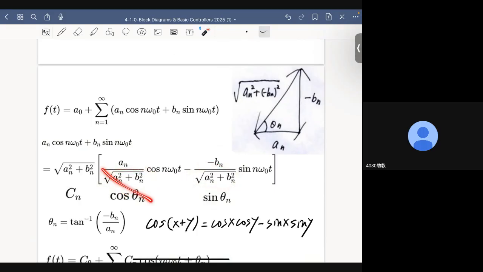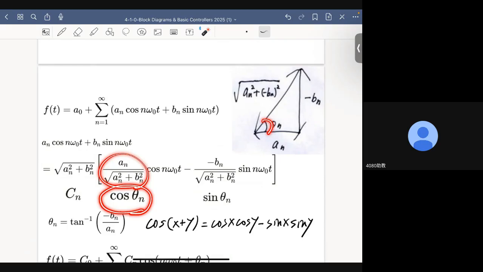But to cancel out the effect of this division, I need to multiply everything with the square root of AN squared plus BN squared. The reason I do that is that for this part, based on this right triangle, we know that this is essentially cosine theta.